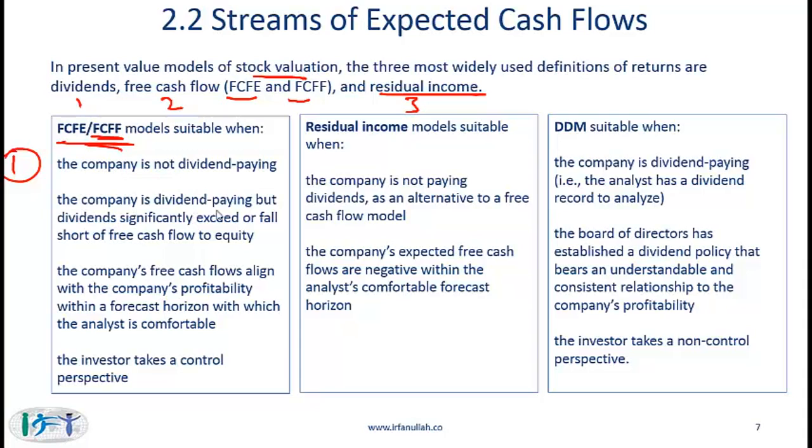The company is dividend paying, but dividends significantly exceed or fall short of free cash flow to equity. In other words, the company is generating money and paying dividends, but the dividends don't have a clear relationship with the free cash flow to equity. Also, the company's free cash flows align with the company's profitability within a forecast horizon with which the analyst is comfortable.